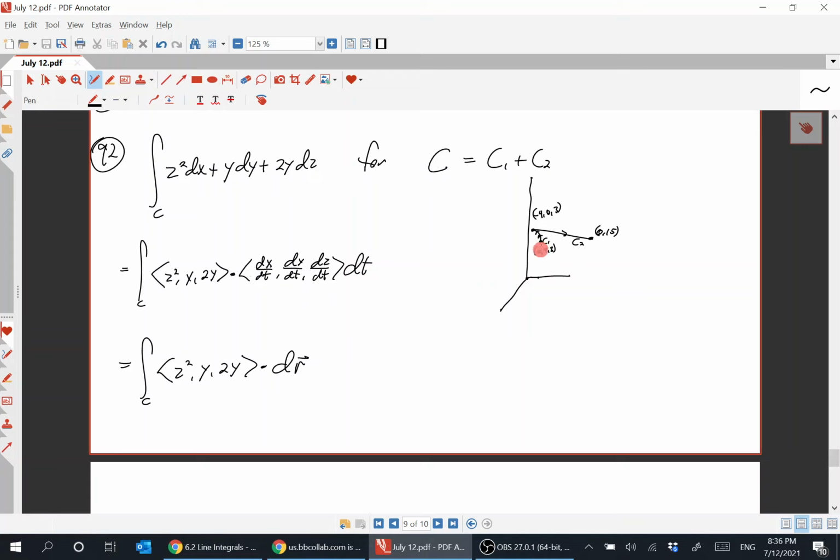Well, first thing we have to do is get a parameterization. So let me tell you the parameterization that we'll use here. The circle starts here, so that's the y-coordinate. So that will be 4 cosine t in the y-coordinate, and then 3 in the z-coordinate.